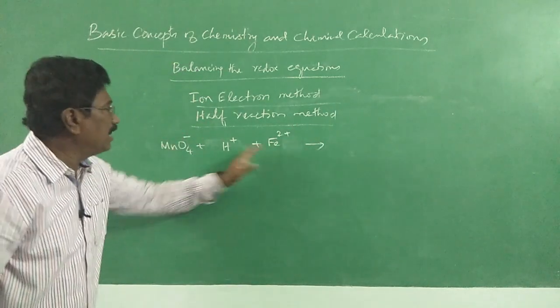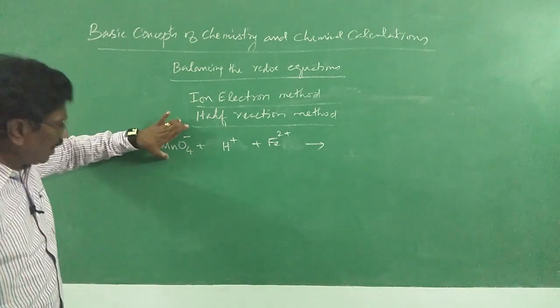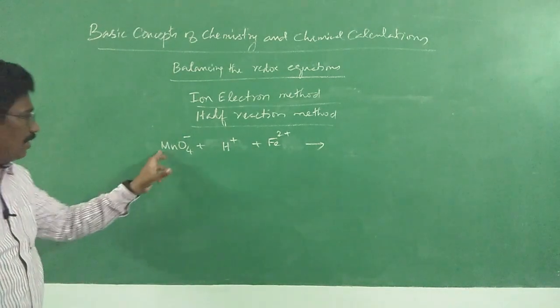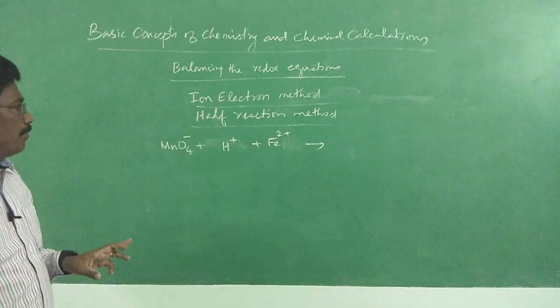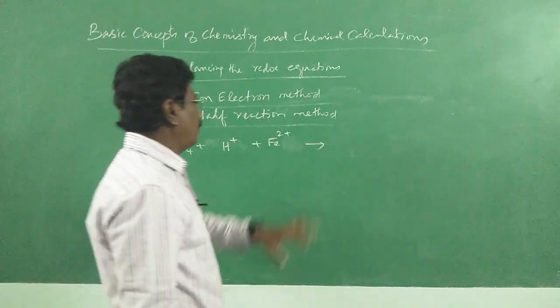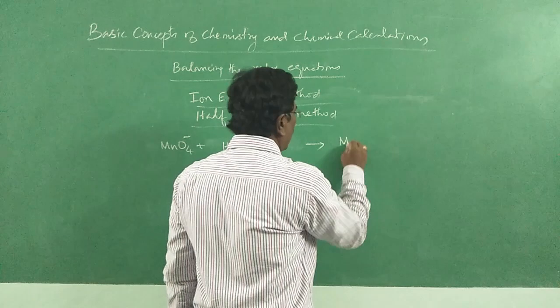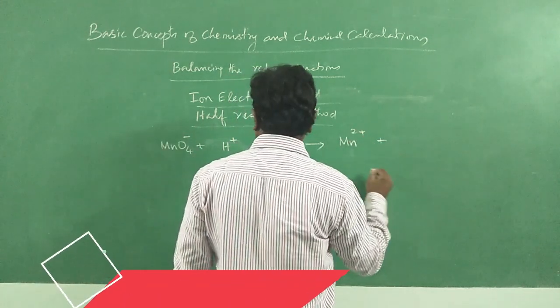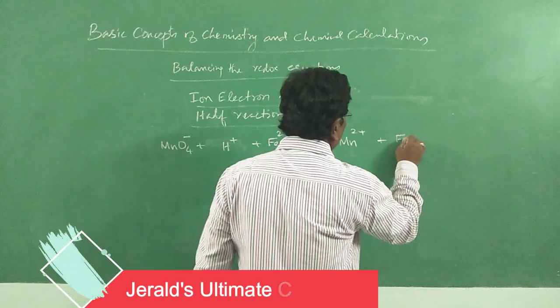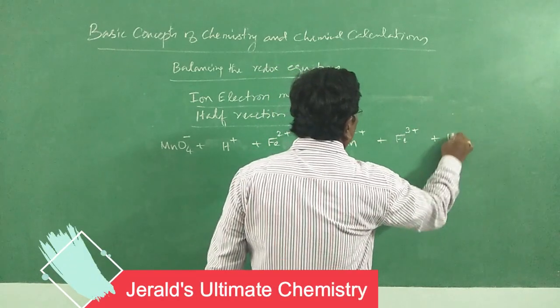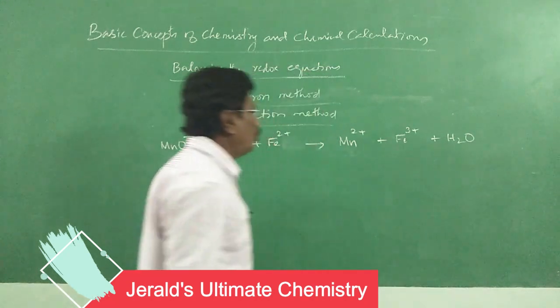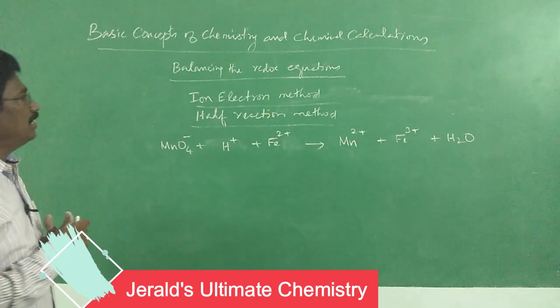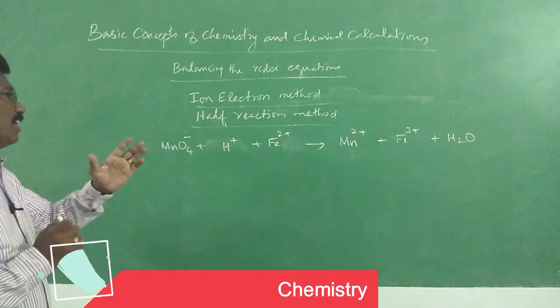So I have given an ionic form. Permanganate ion in acidic medium oxidizes ferrous ion to ferric ion. During that process, manganese from permanganate ion becomes Mn2 plus and ferrous ion has become ferric ion, and also we get water. How to balance this equation? Using the ion electron method or half reaction method.